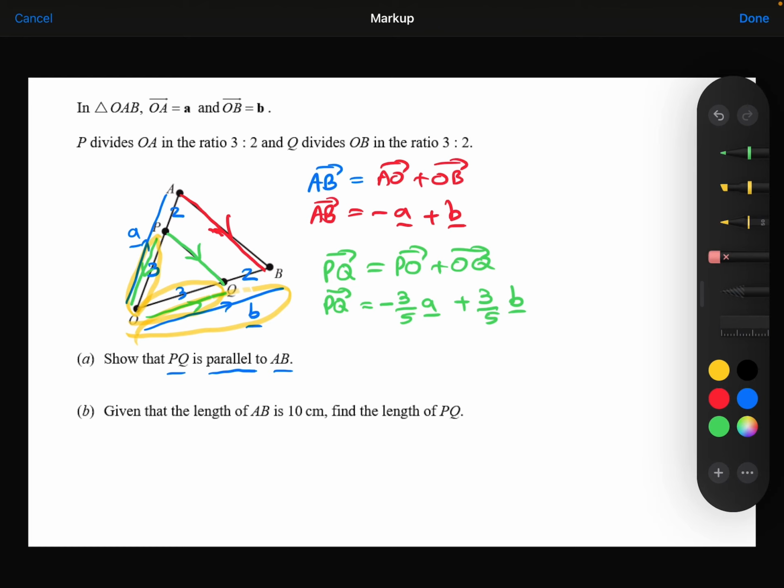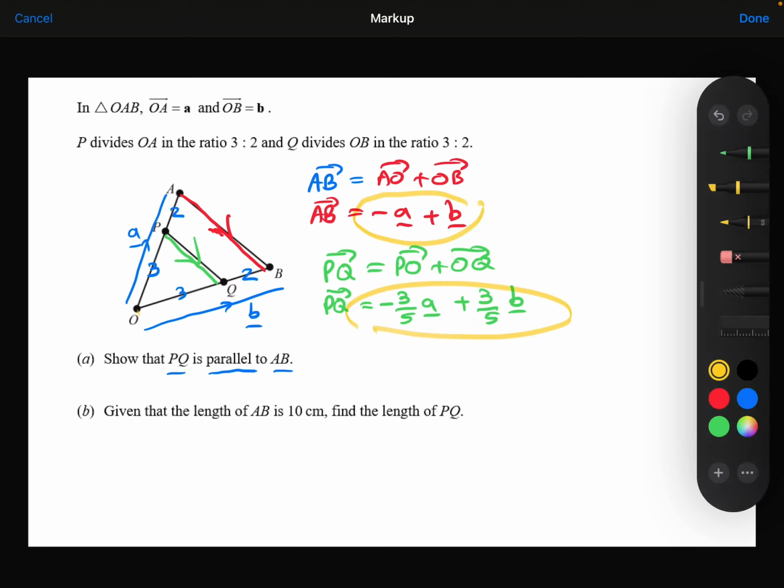So we've worked out the vector P to Q, we've worked out the vector A to B. Are they parallel? Are they multiples of one another? So comparing these two vectors very carefully, and yes, they are multiples of one another.